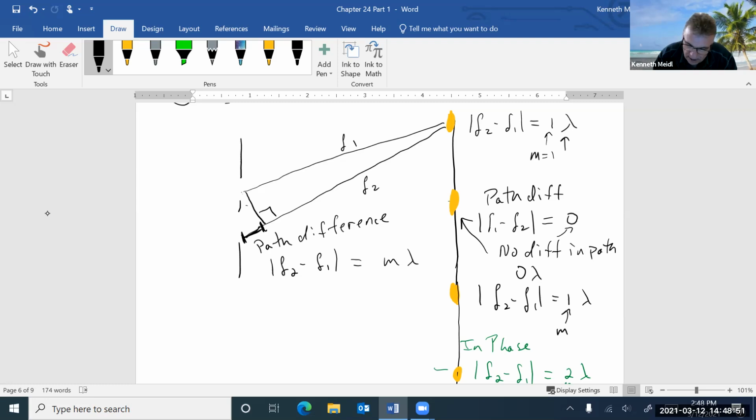So, once again, if that makes sense to you, you really kind of have it figured out. But now what we need to do is get the mathematics involved here. And so this condition, a whole number of waves, this is for constructive interference only. I'll take a look at what happens when we have destructive interference as well.